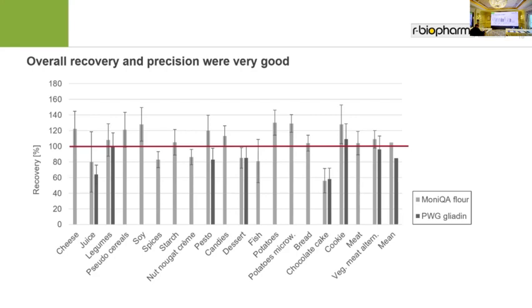With our assay, we saw with these different food matrices samples with 60% recovery at the lowest and went up to 130, 140% in maximum. So we were ideally in the range which is given by the AOSC.